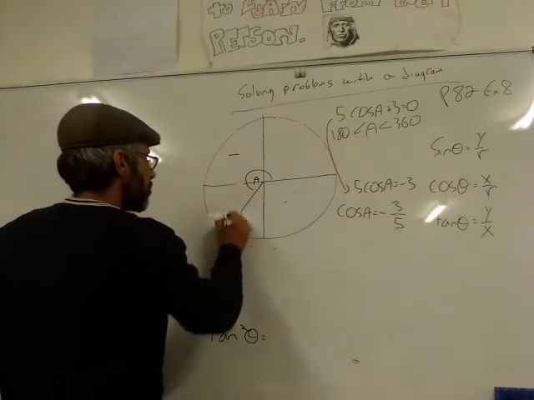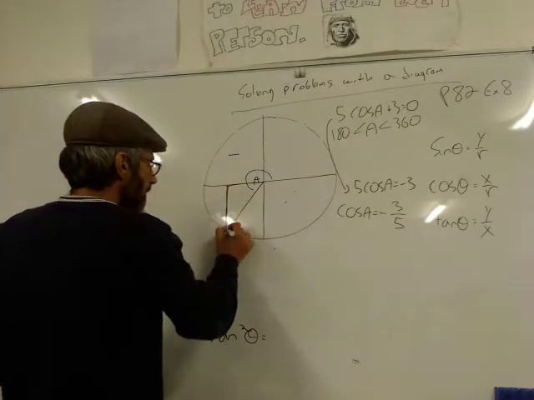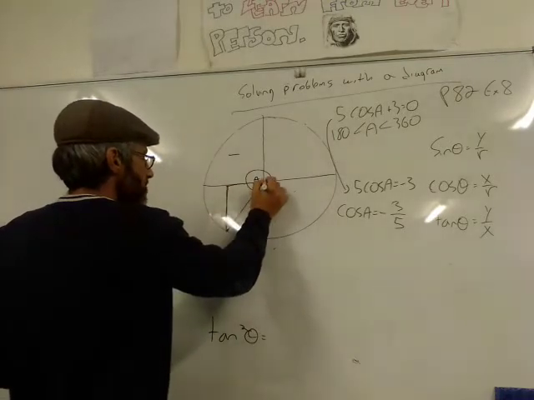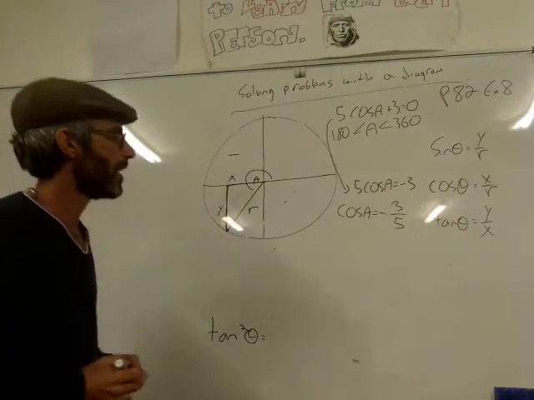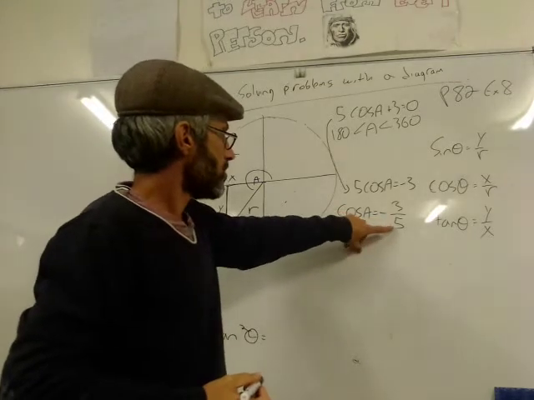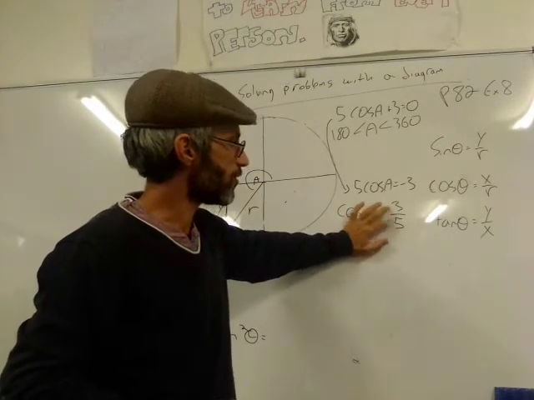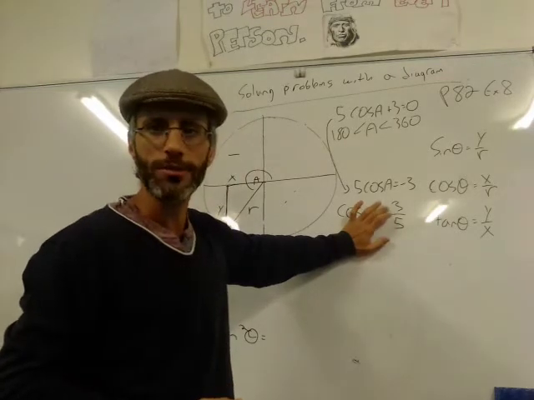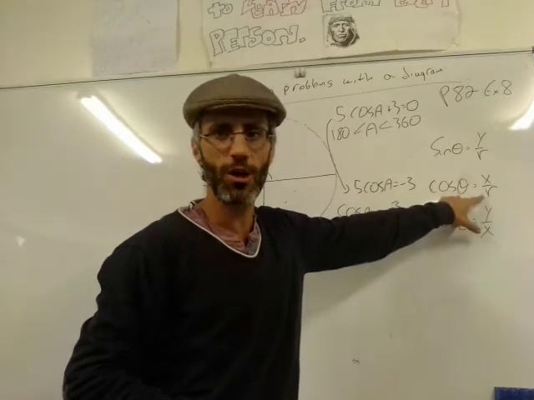And now I need to draw my triangle. Okay? This is my y, and this is my x. And this is my r. Okay, so I'm going to write y, x, and r. Now let's have a look here. Which one are these? Let's just look at the numbers. 3 or 5. Which one is the r? Okay? Which one is the r? You can see cosine theta is x over r.